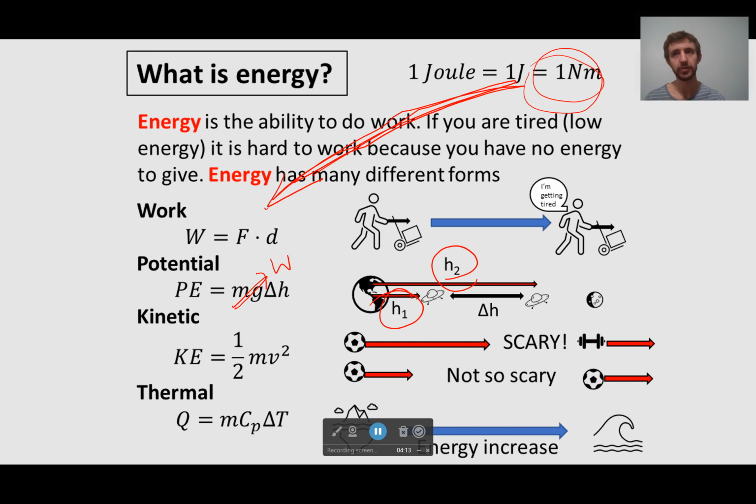Second, which is scarier: sticking your hand into lukewarm water or extremely hot water? Probably extremely hot water, because it's got a whole lot of energy and it's going to give that to you in the form of horrible burns.